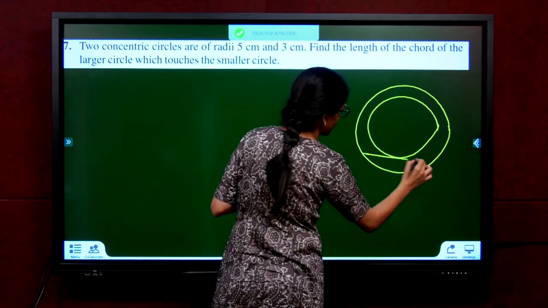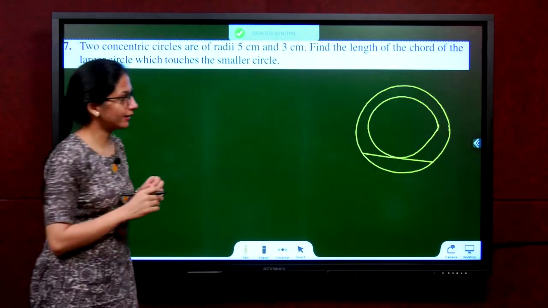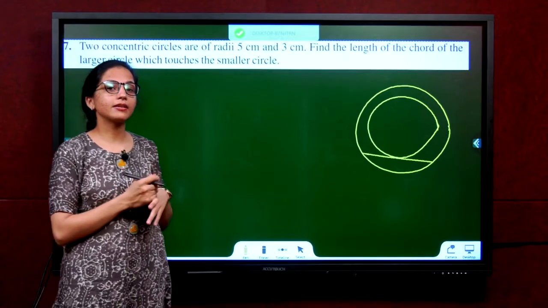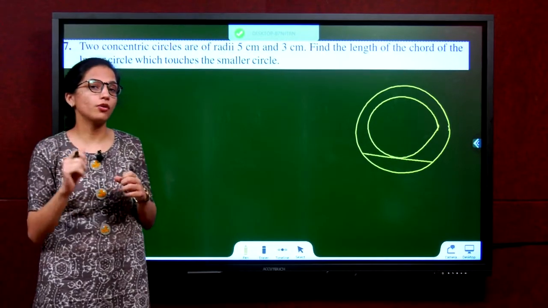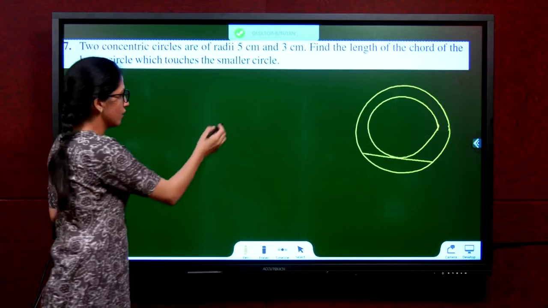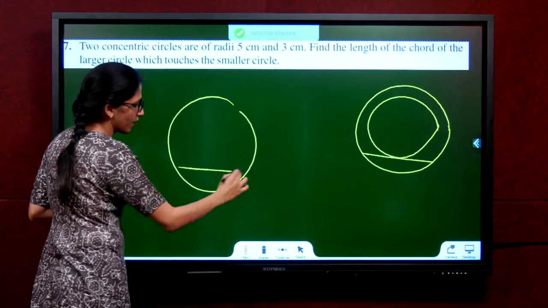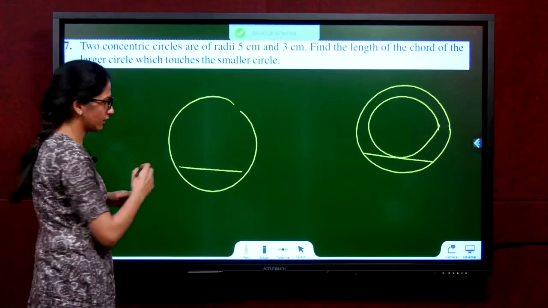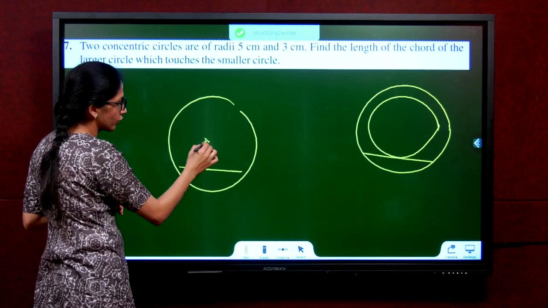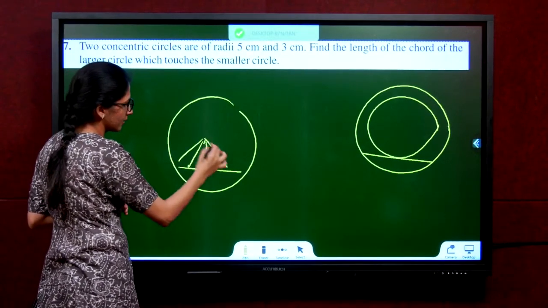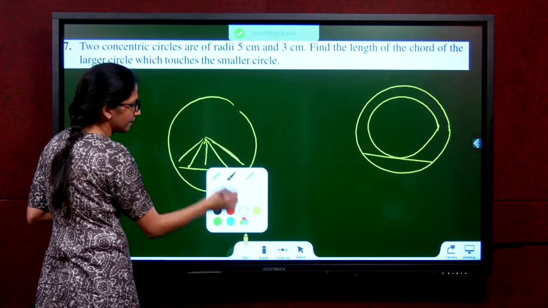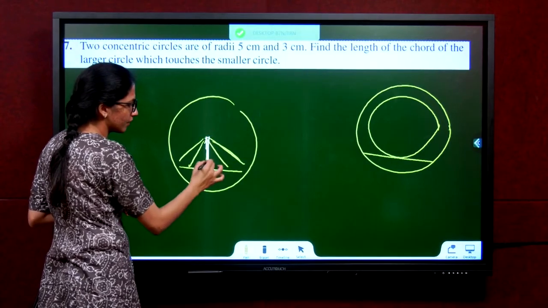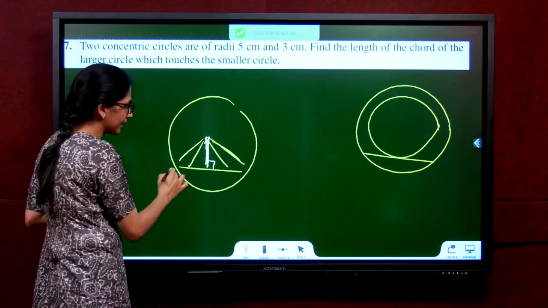It looks something like this. Do you remember? After we did Theorem 6.1, we did a small note on understanding that if you have a circle and you have a chord, you can drop so many lines, correct? The line that passes through the center and is perpendicular to the chord bisects the chord.